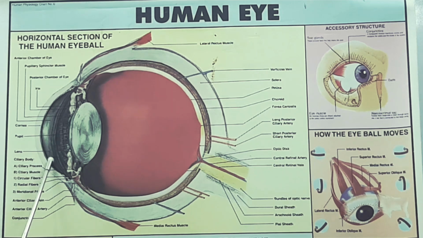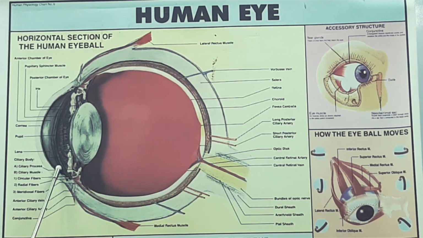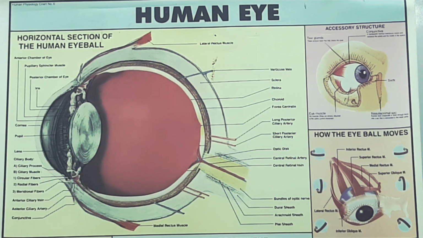After it, this chamber is known as the aqueous chamber and it is filled with a fluid known as aqueous humor. The aqueous humor moistens the lens. Secondly, it protects the lens and also lubricates the lens. After it, the iris provides color to the eye and regulates the entry of light towards the lens.